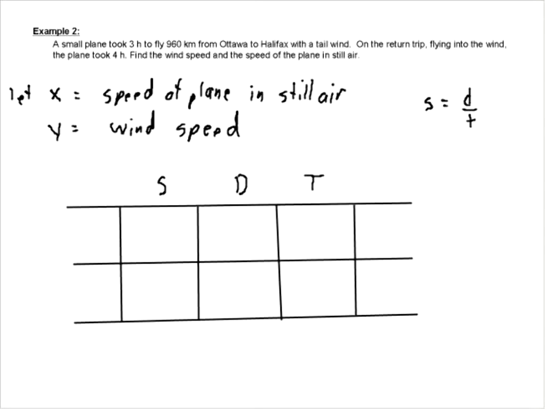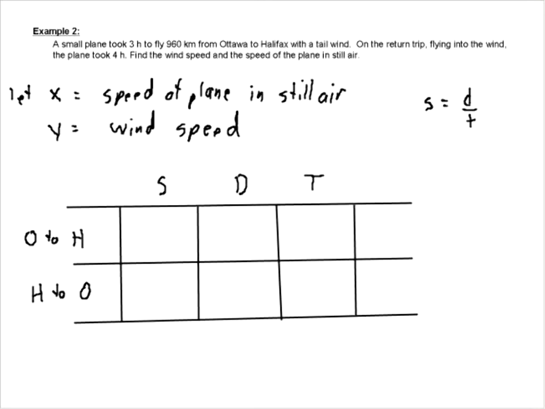So we have 2 scenarios here. We have Ottawa to Halifax and back, Halifax to Ottawa. Now, if we were going Ottawa to Halifax, it tells you we have a tailwind. If we have a tailwind, we have something blowing on the back of the plane, on the tail, and it's going to increase the speed of the plane.